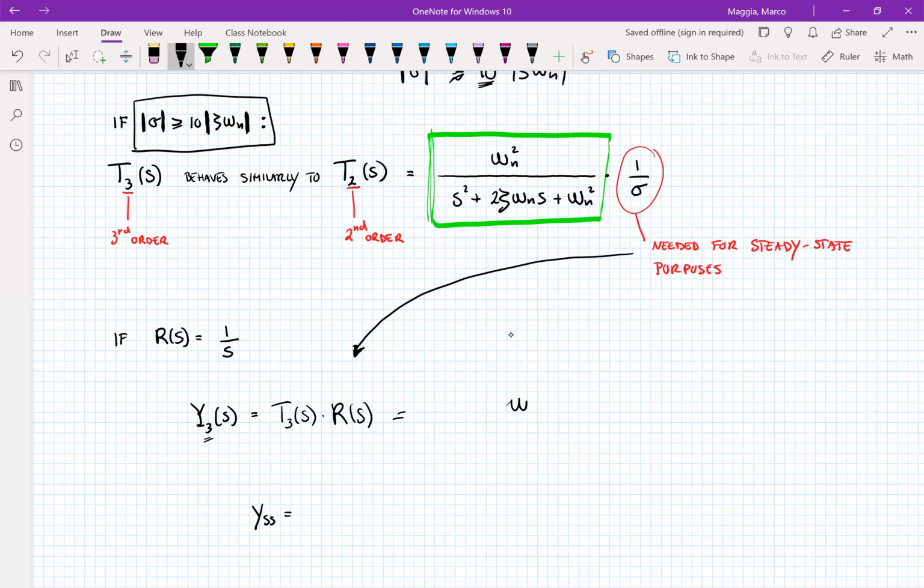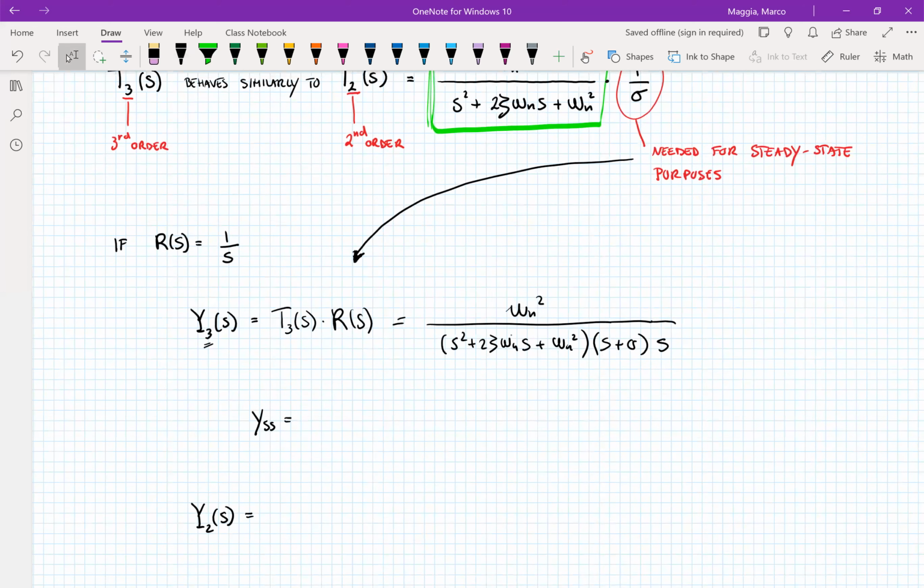And so we have omega n squared over s squared plus 2 zeta omega n s plus omega n squared times s plus sigma, and this is T3. And now we have times 1 over s, which is R of s. So we have another s at the denominator.